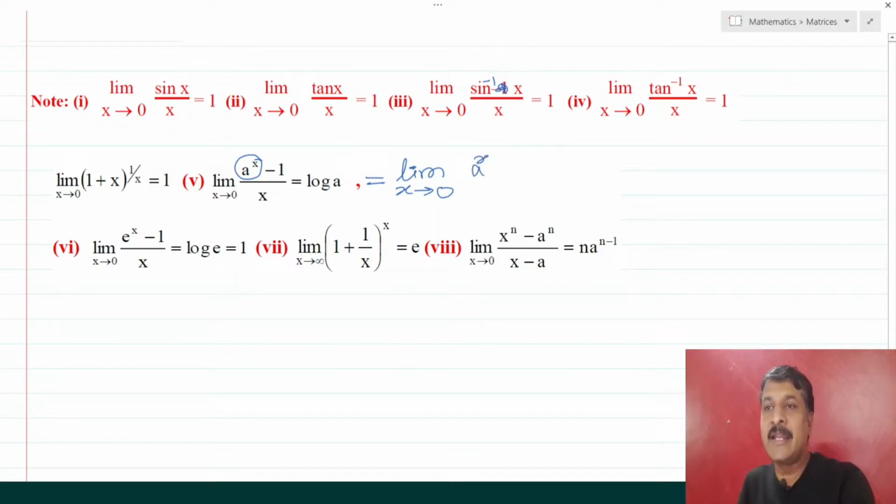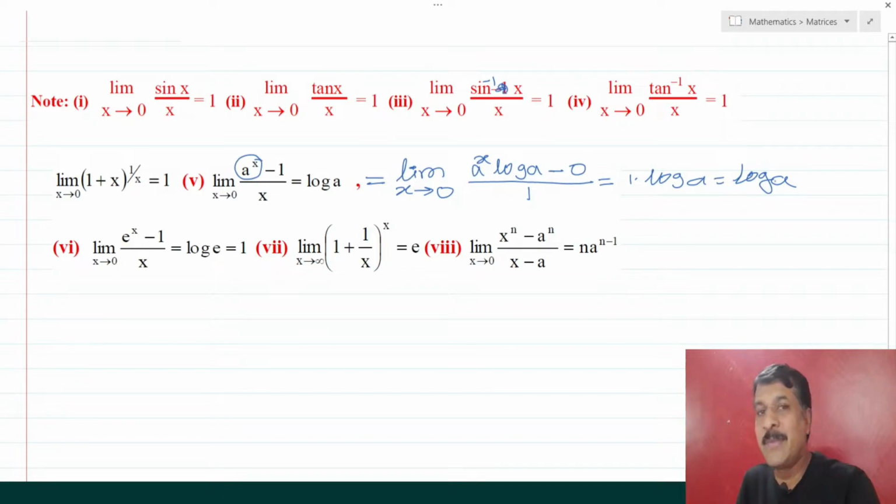It is a raised to x into log a, minus derivative of 1 which is 0, upon derivative of x which is 1. Means take the derivative of numerator and denominator separately and put the limit. So x tends to 0 means a raised to 0, it is 1 into log a. So I am getting the value log a. So you can remember these standard limits or you can evaluate them.